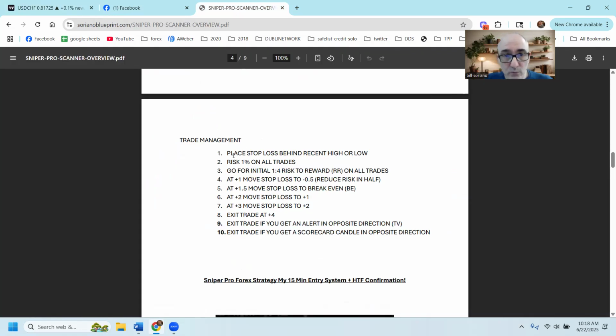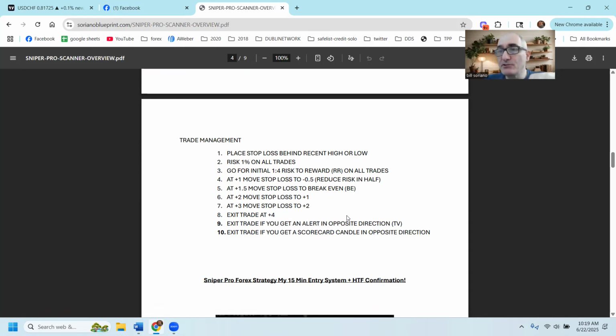These are the trade management rules here, and I'm going to have to make a couple small minor adjustments to this where this should say exit trade if you get a trade idea in the opposite direction. Because remember, actually it's not even a trade idea, because a trade idea is just the alert coming out. So I'll have to decide how to word that.